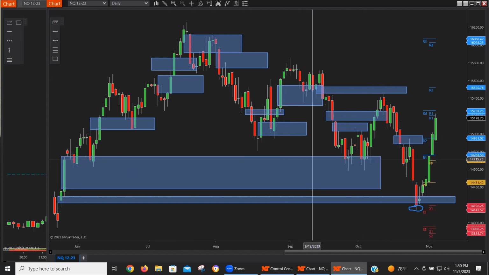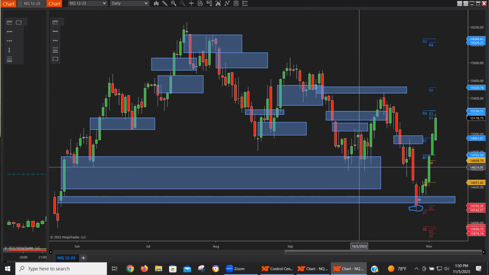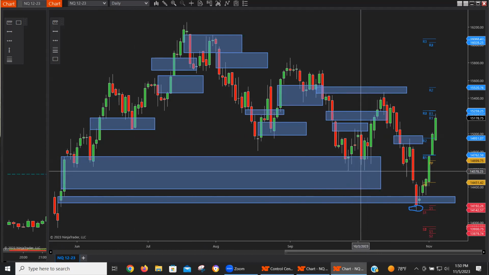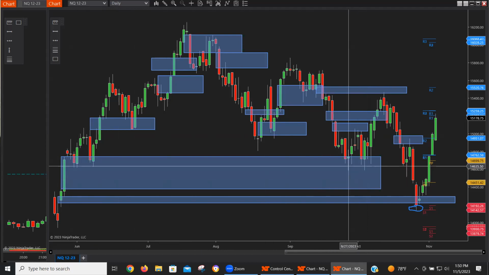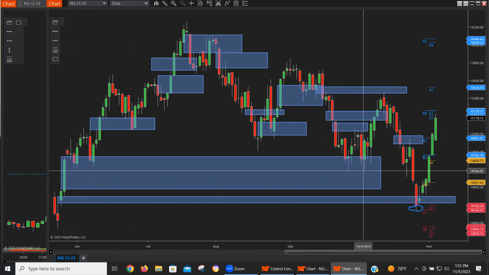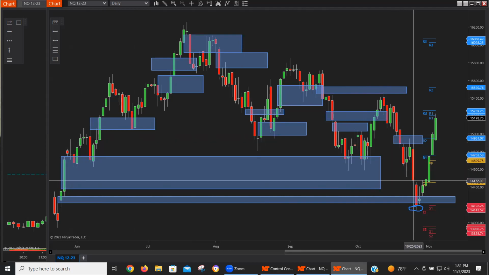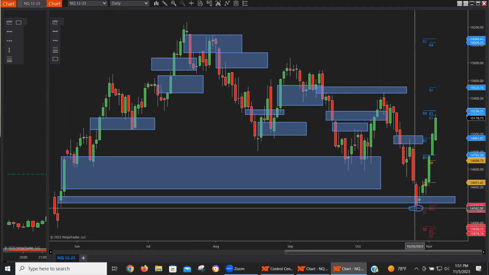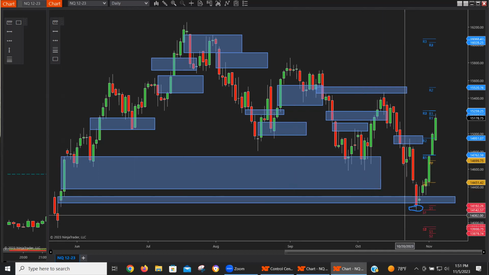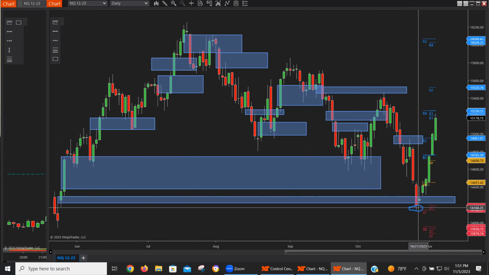Y'all see how this market does? This came deeper to get this liquidity, is really all this was, but it was still inside of an older imbalance. Getting this money down here, broke these double lows, liquidity to go back up into an imbalance, to come back down now into this area, which is also an order block at the low, which we're not even talking about, just looking at the imbalance.